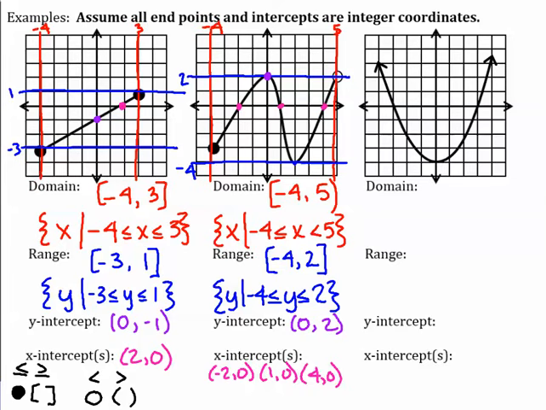Now for this third example. If we're trying to figure out the domain, we want to look at how far to the left the graph goes and how far to the right the graph goes. But there are arrows on both ends. So this means that this graph is going to continue forever, and it's going to continue going out to the left.